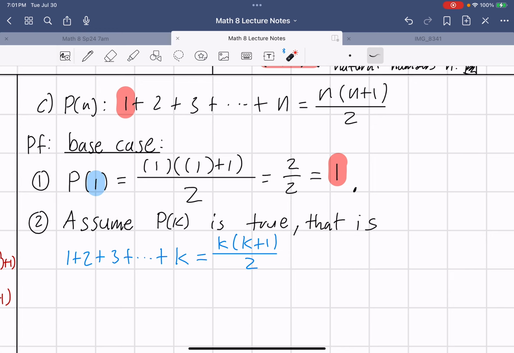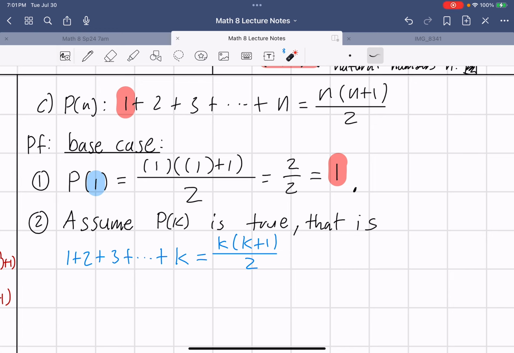But then I want to check, will the following, and K plus 1 is that arbitrary next. So it's the general next term. So that can be at any place in that sequence, in that partial sum sequence. The next one is going to work regardless of where you are.